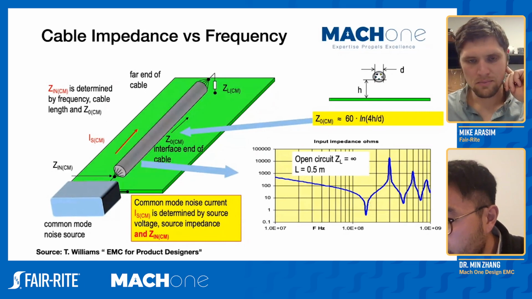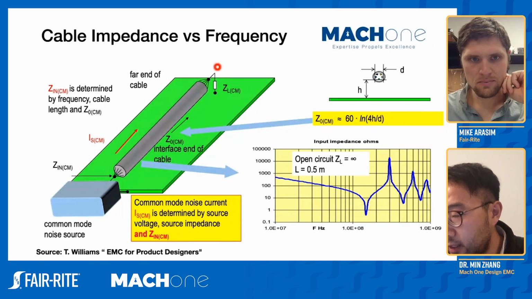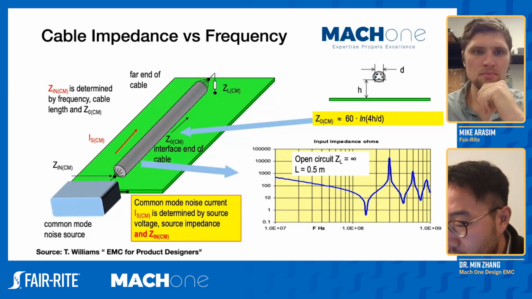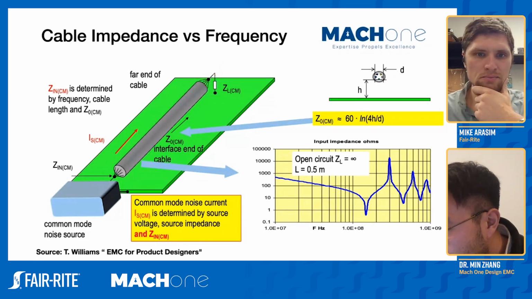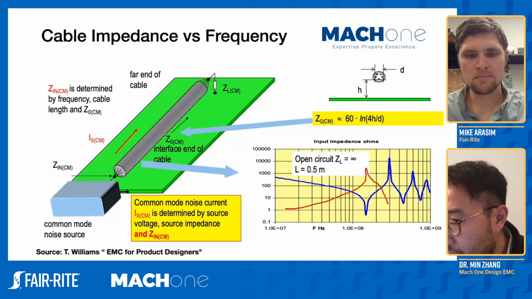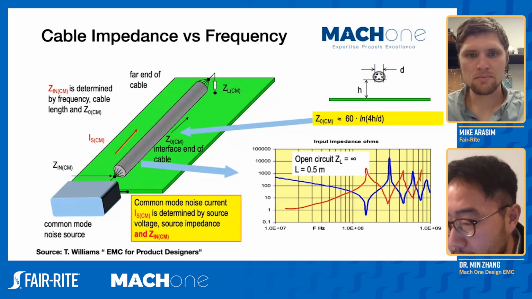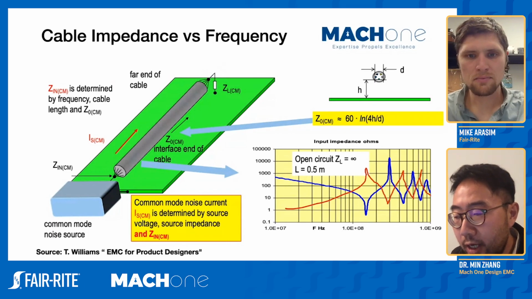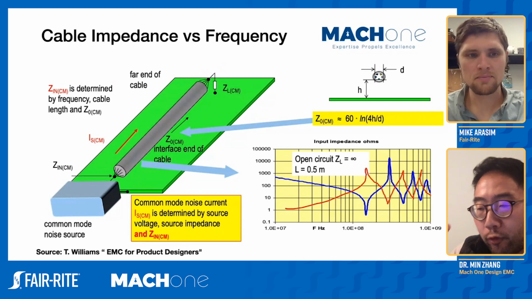That means the load impedance is a high impedance connection. But what if this is a low impedance connection? Then you would end up having something like this. That would be your short circuit impedance curve.